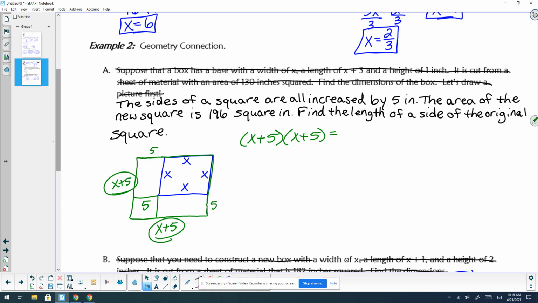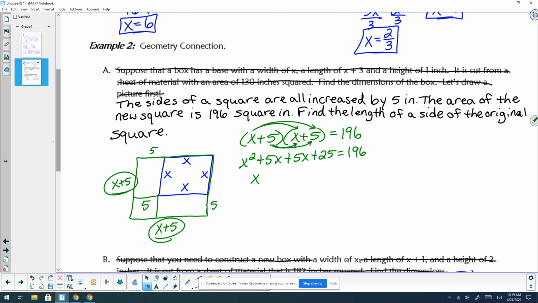When you multiply two sides together, I get the area. Well, the area is 196. In order to figure this out now, what I need to do is I need to use double distribution. So I have x squared plus 5x. 5 times x is 5x. 5 times 5 is 25. That's all equal to 196.